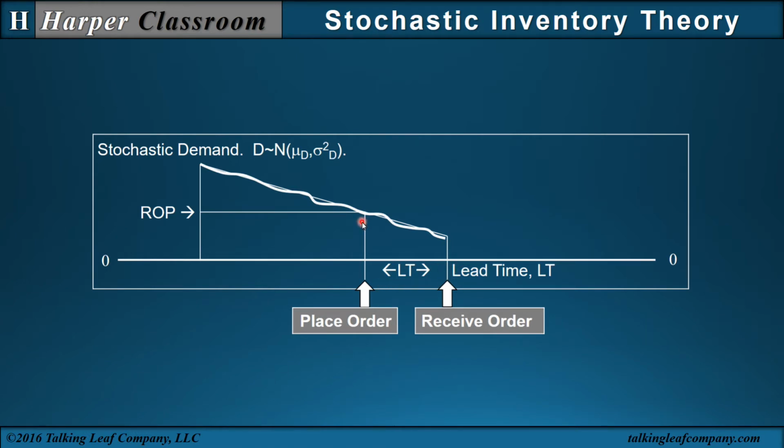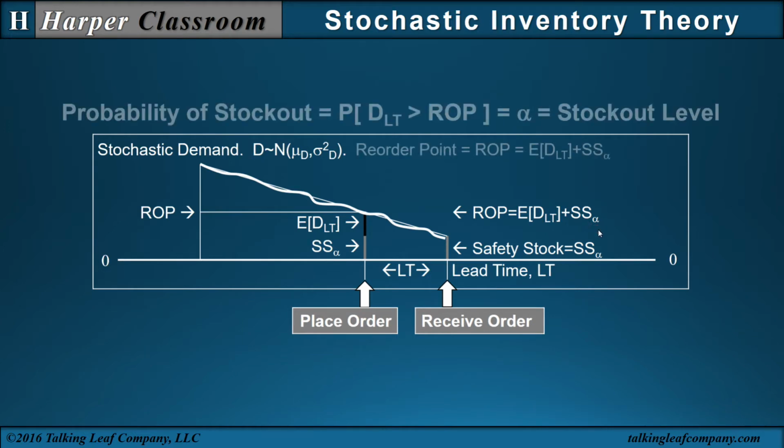But we still have demand during lead time and safety stock, but this time our demand during lead time is the expectation of our demand during lead time, because demand now is a random variable. And our safety stock, sub alpha, where alpha is the stock out level. So we can express ROP as the expectation of our demand during lead time, plus our safety stock with a stock out level of alpha.